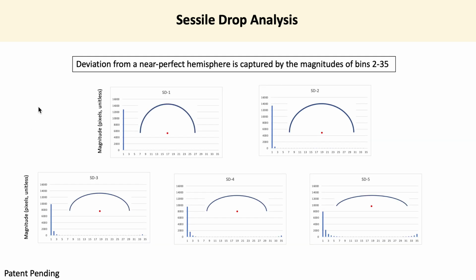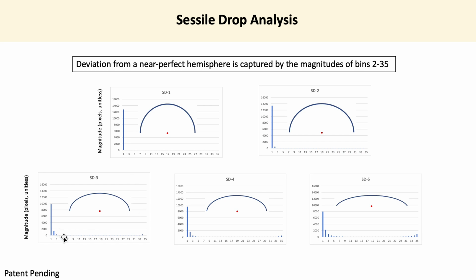So if you take a bird's eye view of all these FFT plots, plotted to their relevant scales, what you see is that as the object deviates from the perfect semicircle in shape 1, whether it's just in 1 dimension in width, or in 2 dimensions, height and width, that deviation activates the bars in the bins other than bin 1.